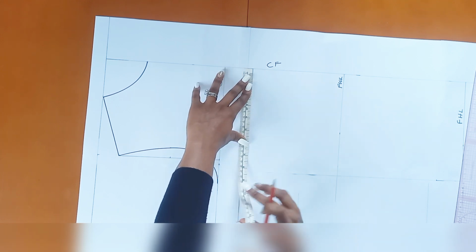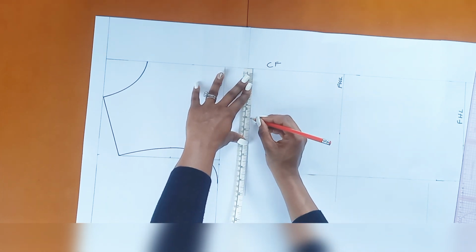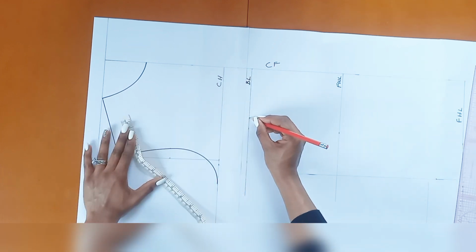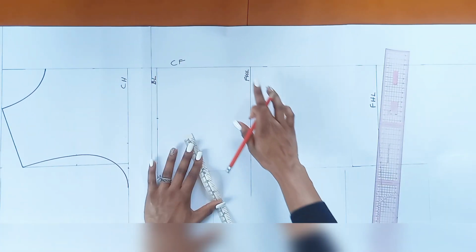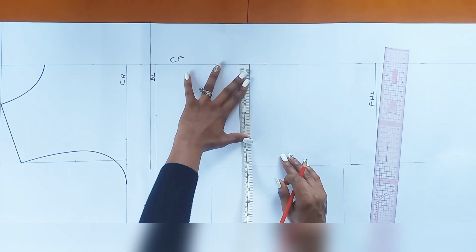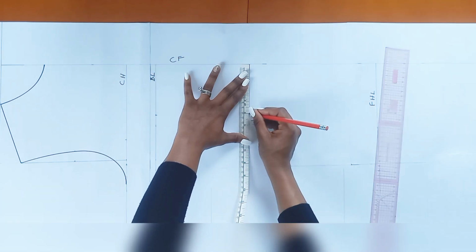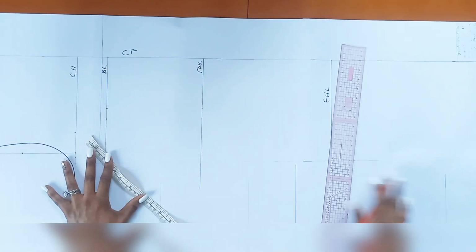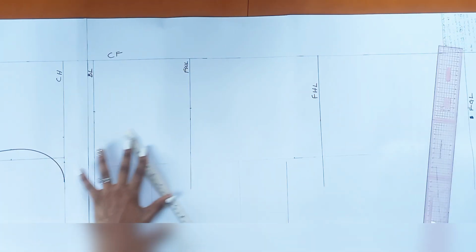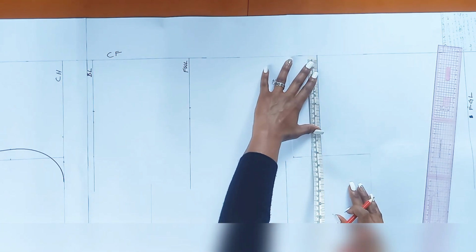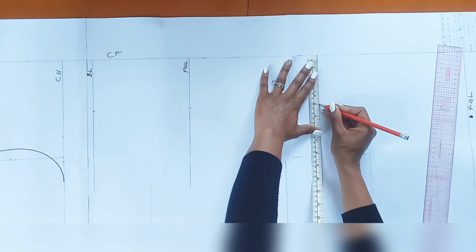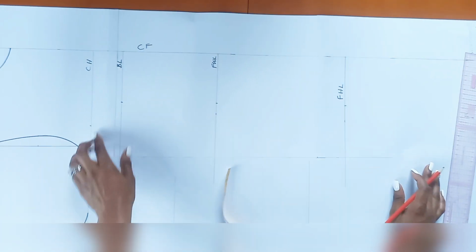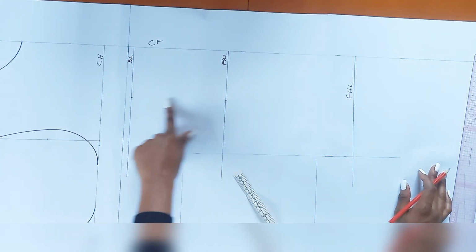So I will mark 4 inches here. Also on my front waistline, I'm going to mark 4 inches. And also on my front hip line, I would mark 4 inches as well. So now I'm going to draw a line to connect these 3 points.